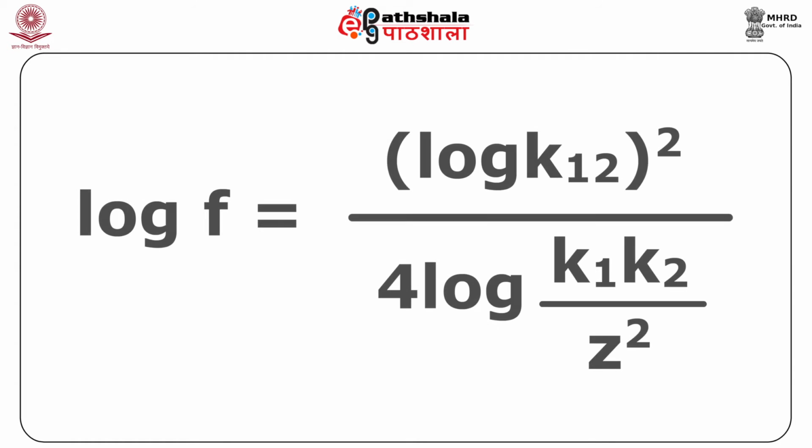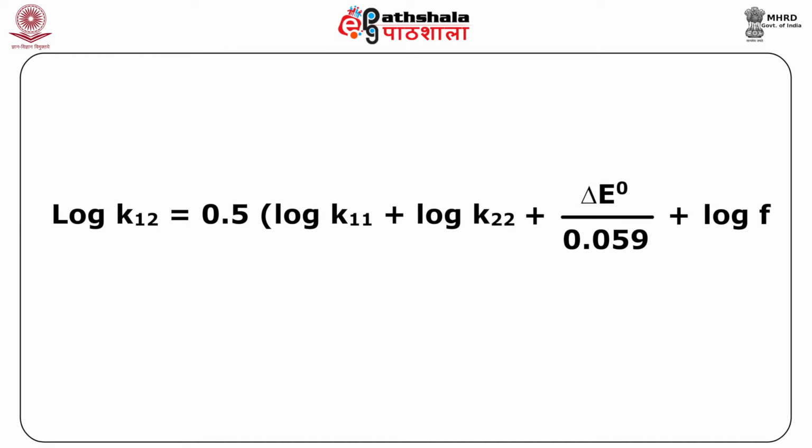The parameter f is generally close to 1 and it is given by log f equal to (log K12) square by 4 log (k11 k22 by Z square), where Z is the collisional frequency.